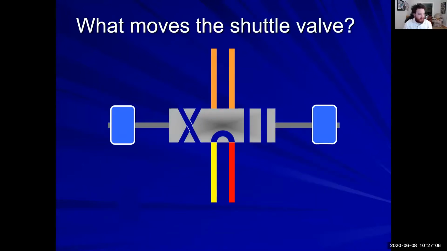So then what moves the shuttle valve? These are solenoids. They're electromagnets. These solenoids are normally open.